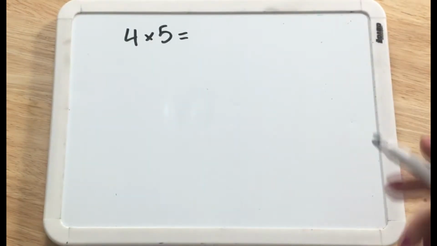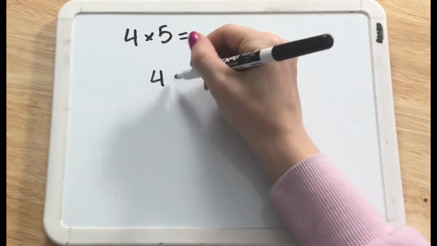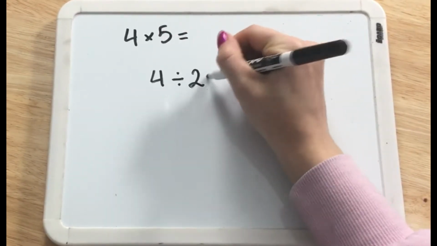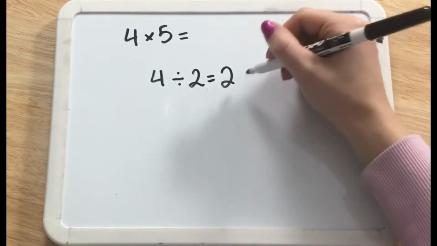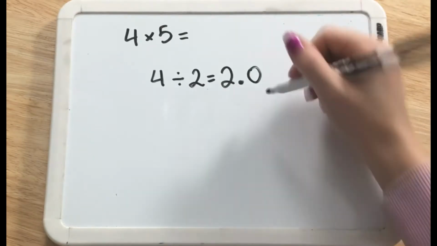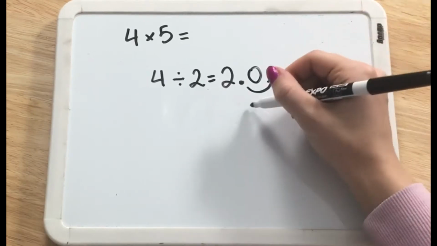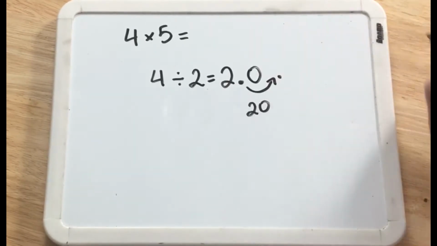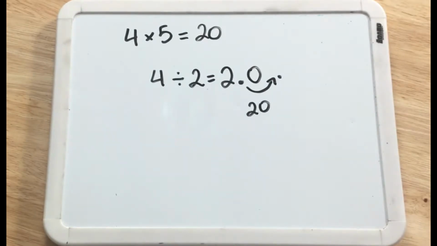To do this, you would divide 4 by 2, which equals 2, and we're going to say 2.0, and then you move the decimal place 1 to the right, which gives you 20, and 4 times 5, of course, equals 20. So that's just a little example for this problem.